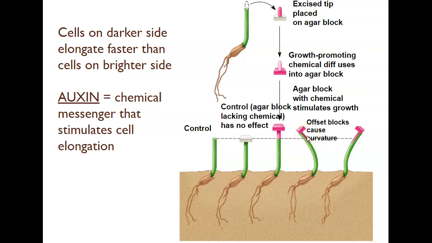However, if you put half a block, so you expose auxin to one single side of the plant, it was enough to cause curvature. So that shows that the auxin chemical is acting in those elongation cells on the dark side of the plant.